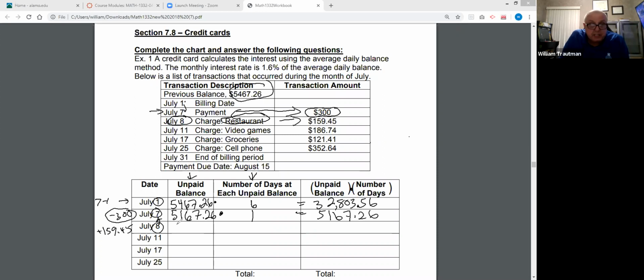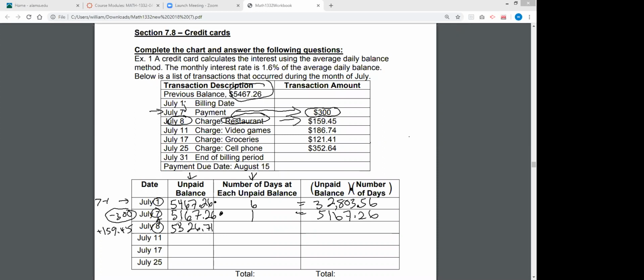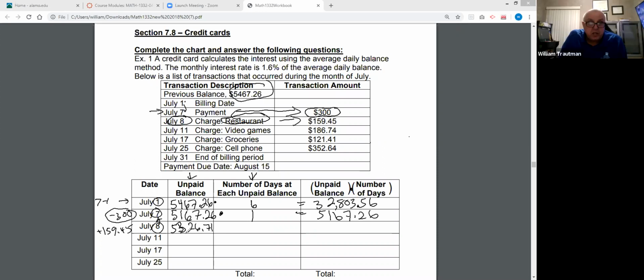And when I add it, I now owe $5,326.71. I hope somebody's checking me. I am. Good. So we're back up to 5,300, and we're going to keep this balance for 11 minus 8, which is 3 days. So 5326.71 times 3.